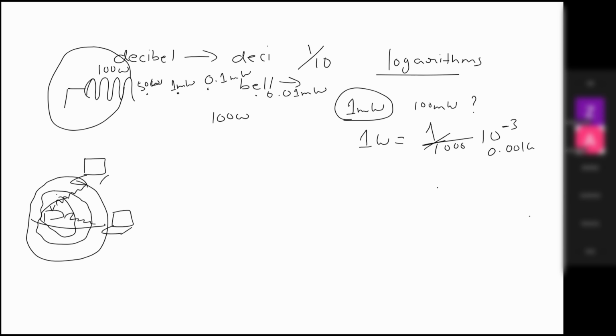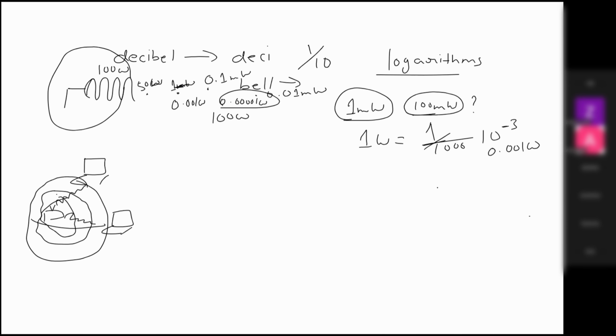So if the signal is going like this, 100 watts, 50 watts, or suppose it goes to 1 watt, then 0.001 watt, then 0.00001 watt. Instead of me telling it like this, I can tell it as 100 milliwatt. That is why we are changing it from watts to milliwatts.